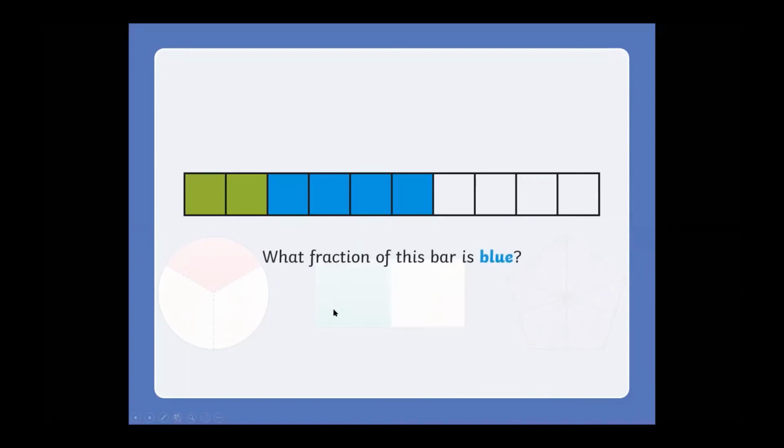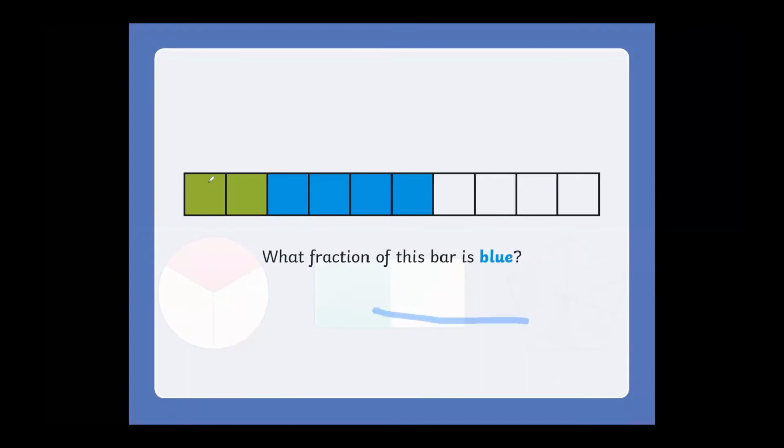Next, what fraction of this bar is blue? I'm going to give you a couple of seconds to work this out. What fraction of this bar is blue? Let's see, shall we? So first of all, let's work out what our denominator would be.